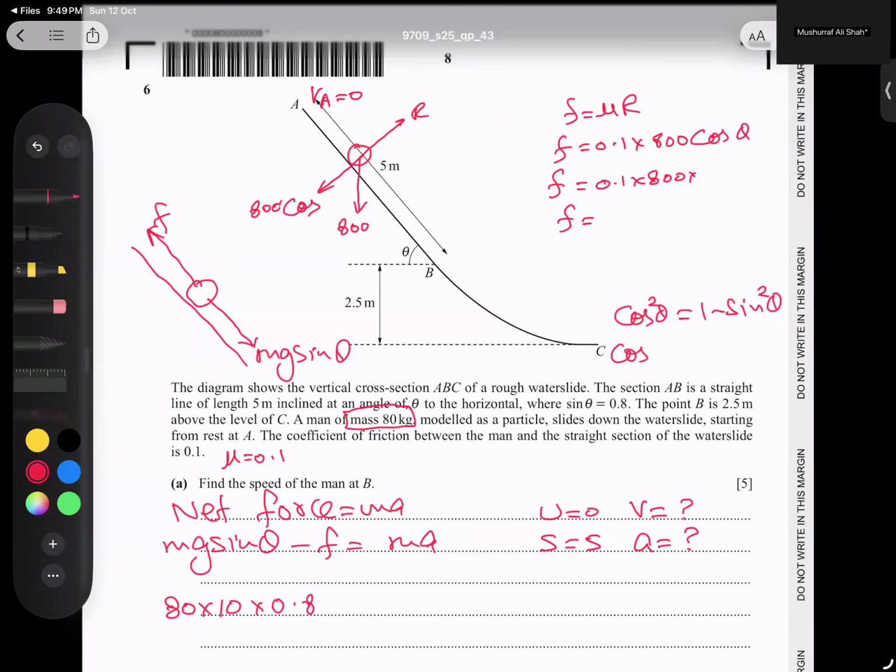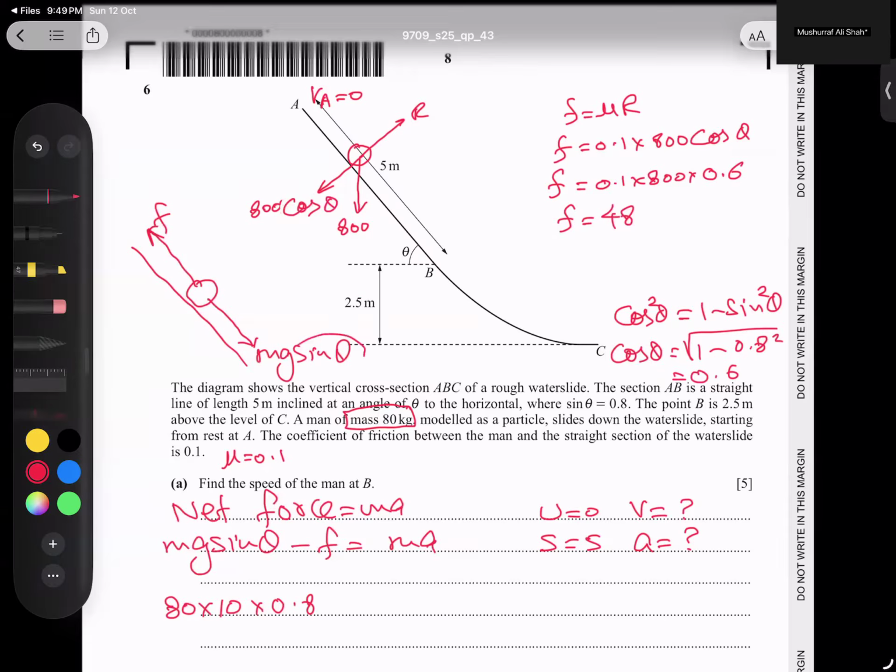So cos theta is equal to root of 1 minus 0.8 squared. When I get it, this has become 0.6. So 0.1 into 800 into 0.6. We got 48 friction.